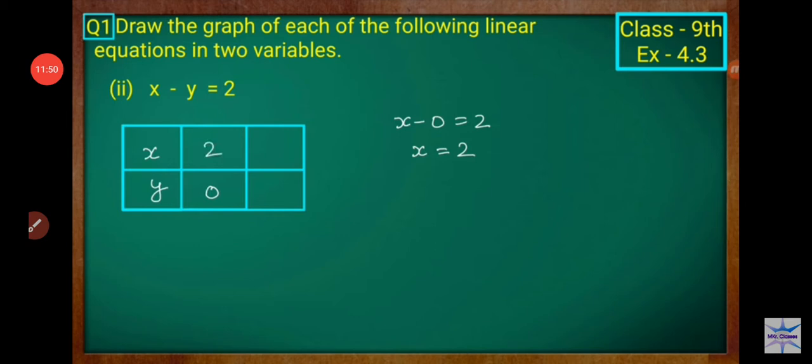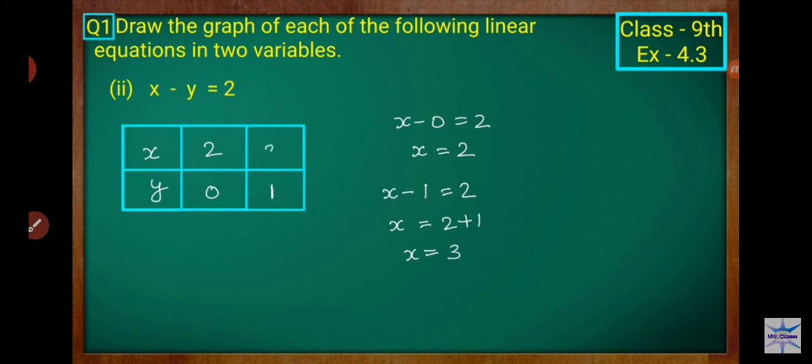Now take x = 2, then y = 0. If you take first y = 0, then the value of x is 2, and y = 1, then what is the value of x? x = 3, because 1 is transferred to the other side, so it becomes plus, so the value of x is 3.